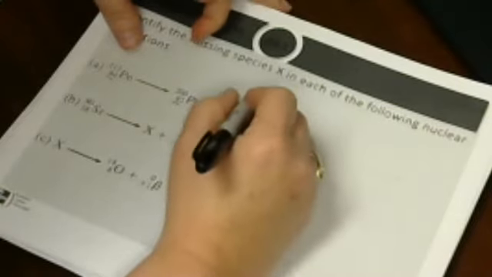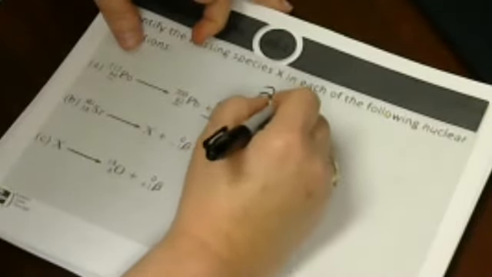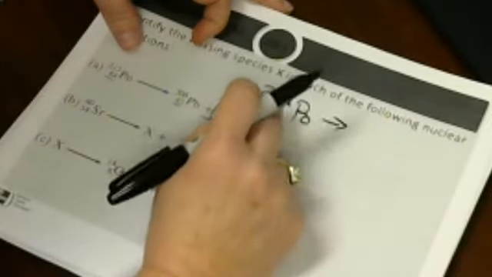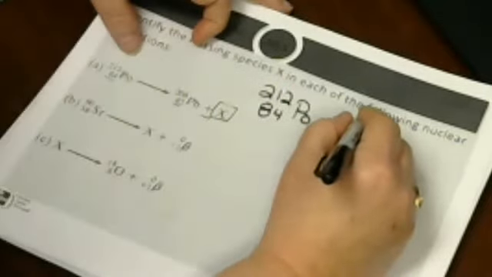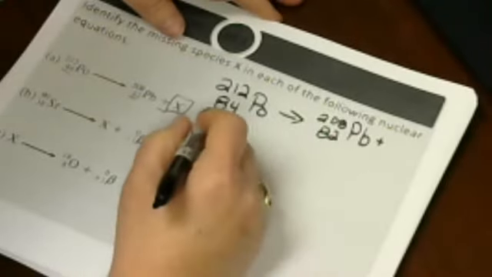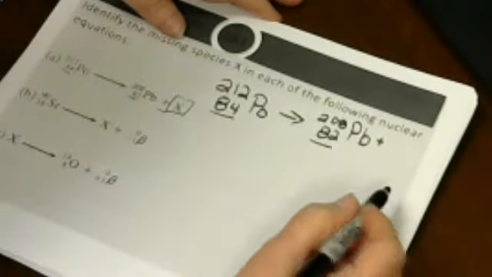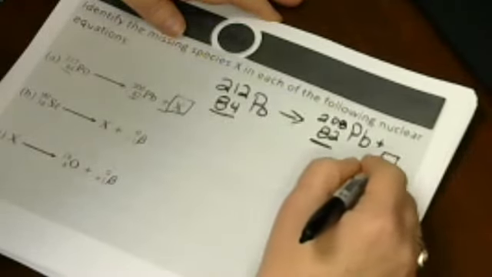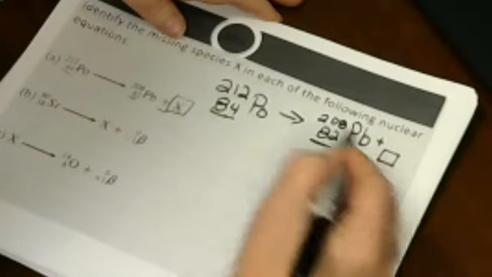We have on the top 212, 84, Po, that's polonium, and it's decaying, so it's unstable. The nucleus is not stable. Something happened. So it's going to 208, 82, lead plus what? We know our bottom numbers must add to be the same. So if this is 84 on the left, then 82 plus what would have to go in this box to give us 84?